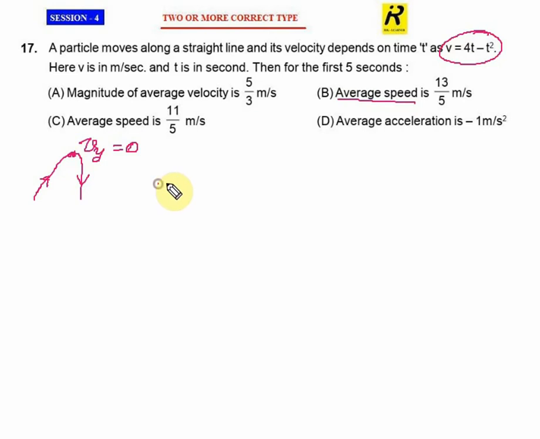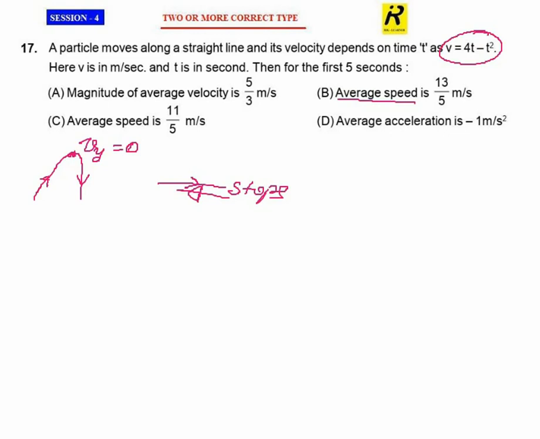Otherwise, I may give you a reversible motion, where the body moves right fast, stops, then comes back again. In such kind of motion, there is a probability of acquiring zero velocity somewhere during the motion. So I have to check whether it is possible or not.